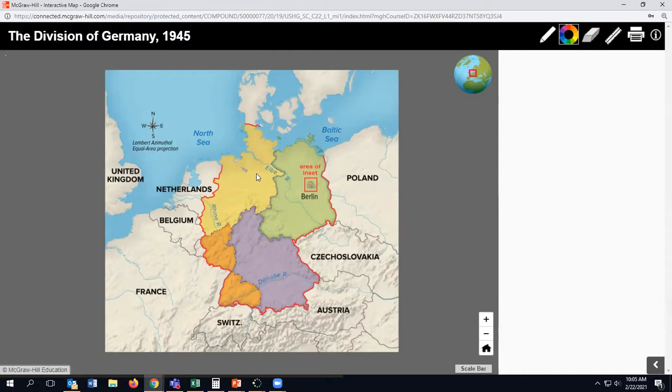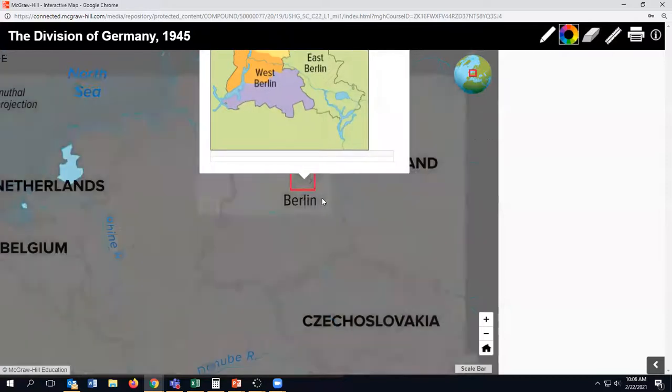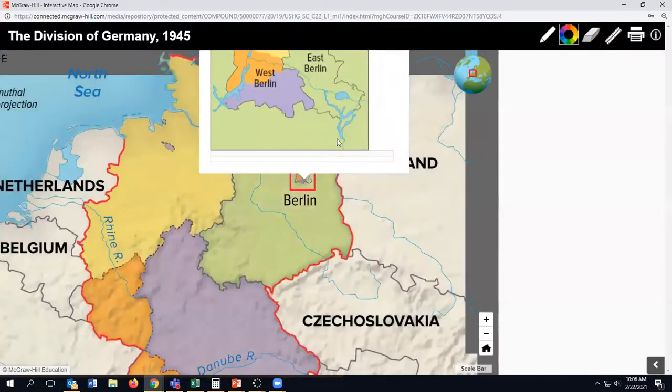So here, this was Britain, the yellow. This was France, owned that part. United States owned the purple part. And Russia owned the green part. And then they also divided up Berlin too.